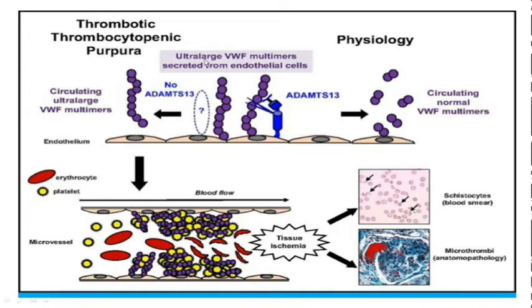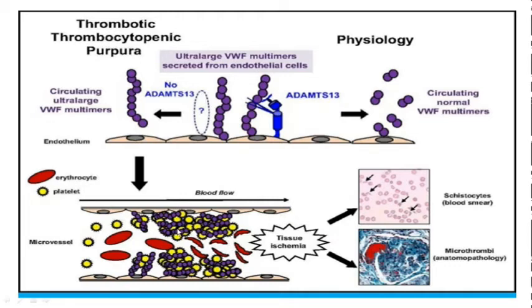And now about ADAMTS13. You have ultra-large von Willebrand multimers released from the endothelial cells. Usually the circulating normal von Willebrand factor multimers are broken down into small chains, but if there is absence or deficiency of ADAMTS13, you will have circulating ultra-large VWF multimers, and on any insult to the endothelium or any endothelial dysfunction, these multimers will lead to the adhesion of platelets and formation of microclots in the microvessels.